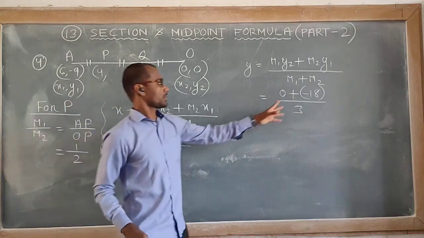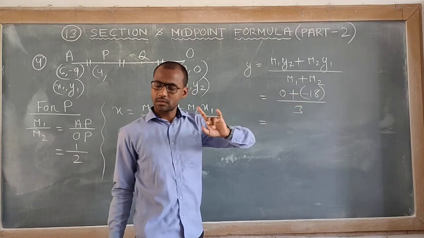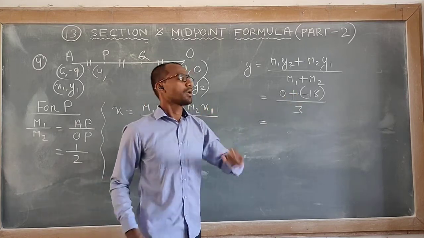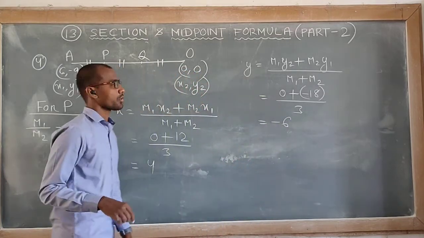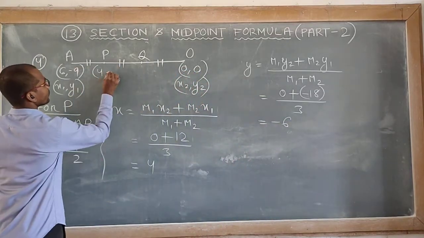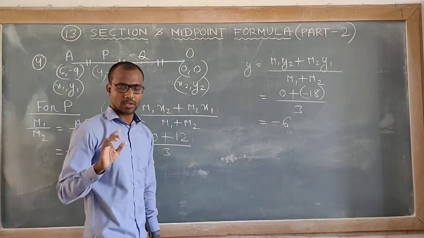So 0 plus minus 18 means minus 18. Minus 18 by 3 is minus 6. This is the y coordinate of point P. So 4, minus 6. Successfully you have got the coordinates of point P.